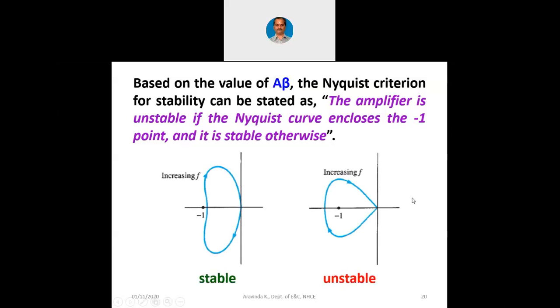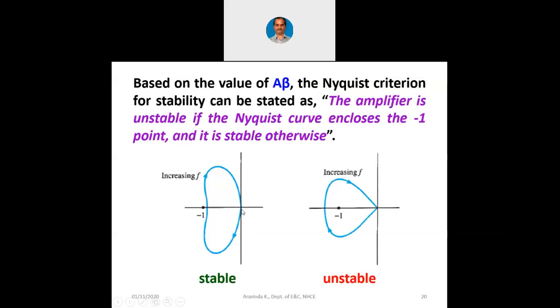Let me show you the picture. The amplifier is unstable if the -1 point comes inside the response of the amplifier.